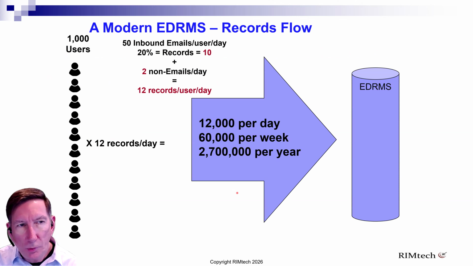They flow toward us every single day, and that flow rate is like waves in the ocean. So for this particular example, 1,000 users means 12,000 a day or 2.7 million per year. Where do we get the 12 per day? 2 non-emails and 10 emails that all meet the criteria of a record. That's a typical day for a user.